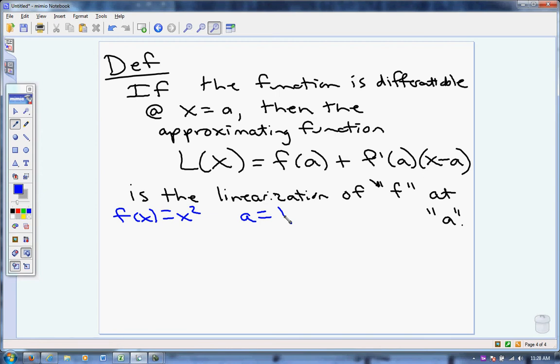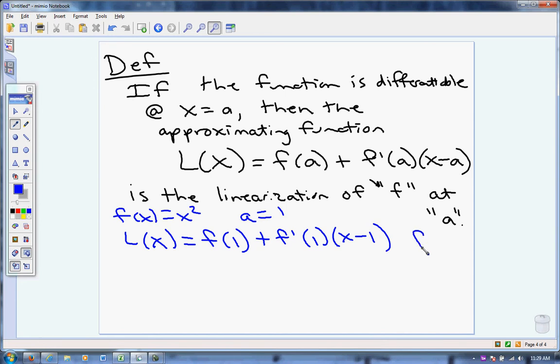So if I wanted to find the linearization of x squared at 1, I would use L of x equals f of 1 plus f prime of 1 times x minus 1. Now, what would f prime of 1 be?